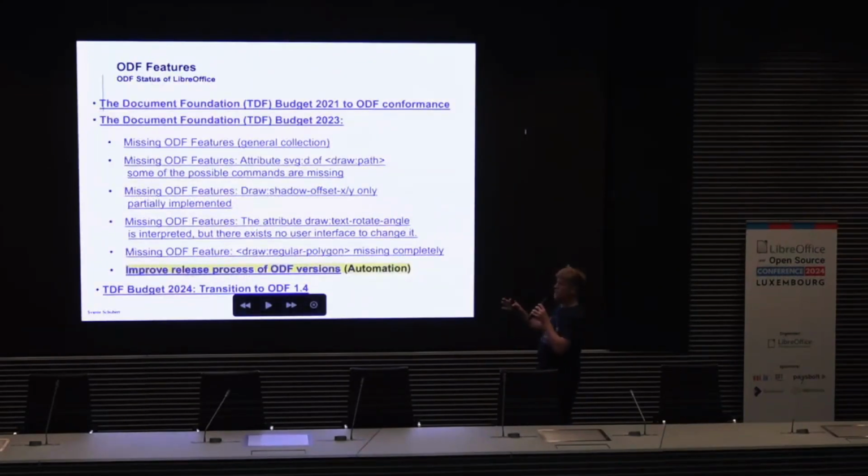Another thing is the status of the features. It's a large list, and although it's the status for LibreOffice, what I really like is that we move on, and I believe it is still open, even for 1.21, to automate the editorial process.